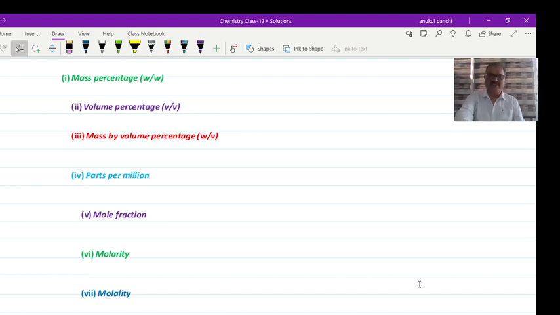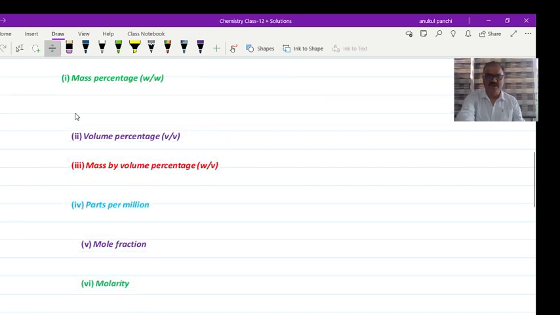The first method is mass percentage, W oblique W. This method is used when the components of a solution are solids. For example, mass of a solid is easy to determine, in spite of volume or pressure or some other thing.